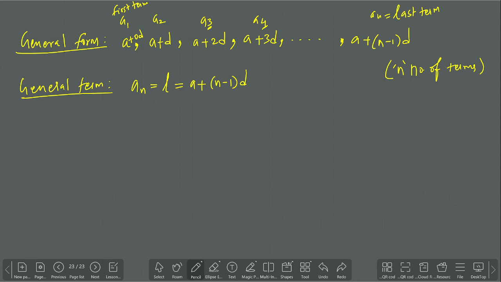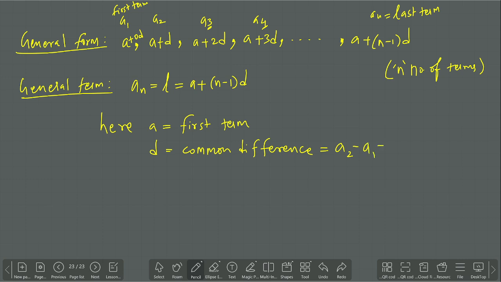Here, what all things do we know? A is the first term. D is the common difference, which is equal to A2 minus A1, which is equal to A3 minus A2, and in general form AN minus 1.